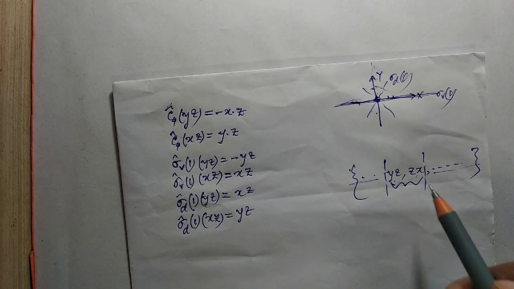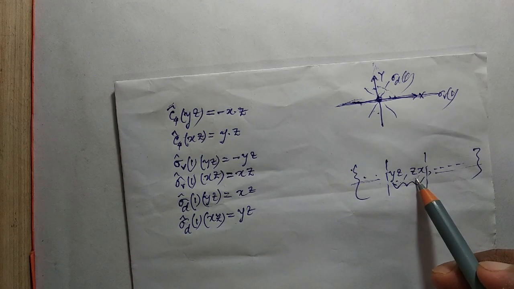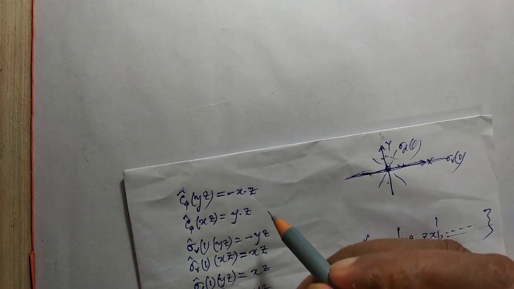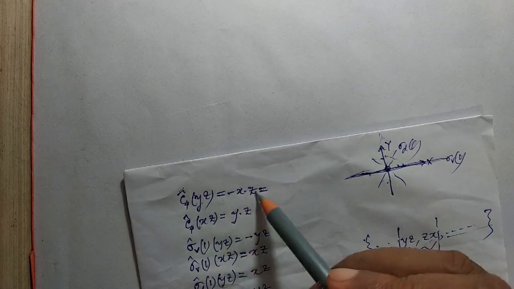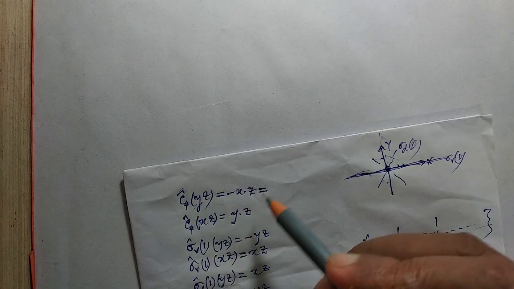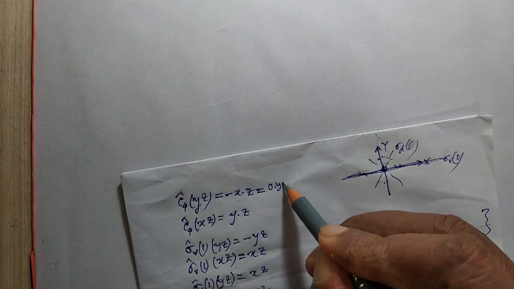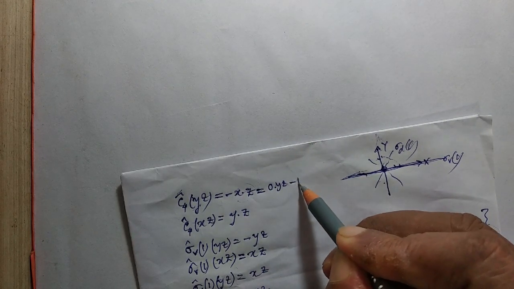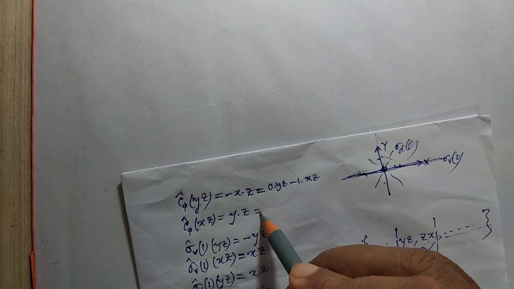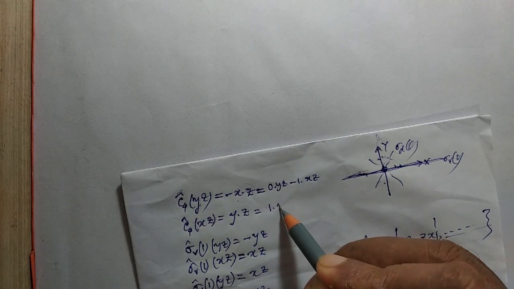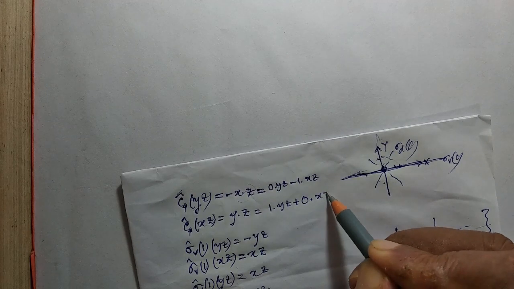So we expect a two-dimensional irreducible representation with these two functions as basis. And therefore we have to write these results as linear combinations of these two functions. This result, minus xz, should be written as 0 into yz minus 1 into xz. And this should be written as 1 into yz plus 0 into xz.